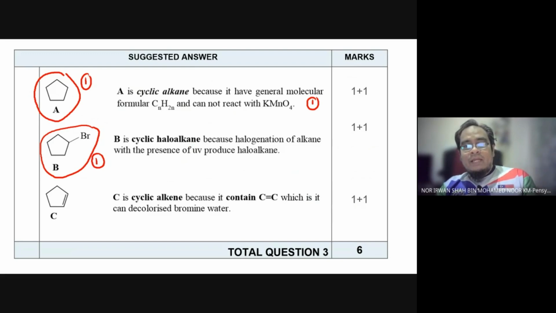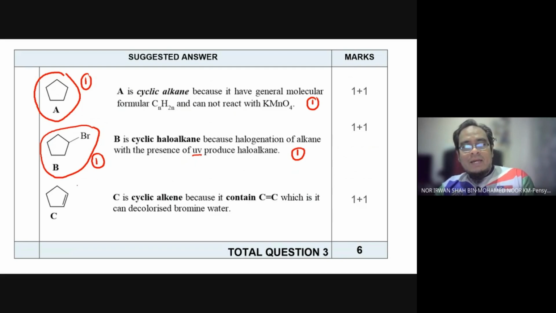Dan dia juga hanya dihasilkan apabila A tadi ditindakbalaskan dengan bromin under sunlight ataupun in the presence of UV. Jadi you buat statement yang ini, you dapat another 1 mark. So dah 1, 2, 3, 4, dan 4 markah dekat situ.